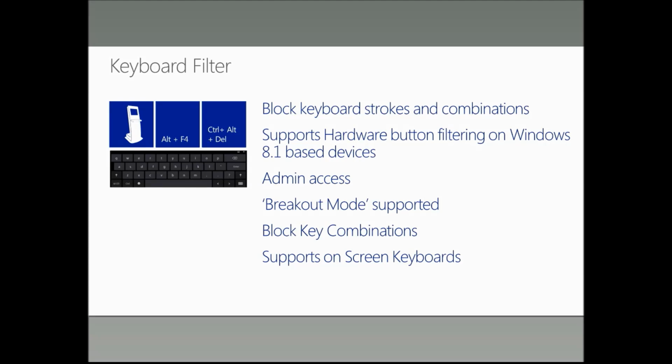So many shortcuts or functions can be accessible just from a keyboard by a power user. So we have an easy way of blocking keyboard keys and combinations through the keyboard filter. We support breakout mode, and I'm going to go into a little more detail on breakout mode later for those who know what it is. Next slide, please.